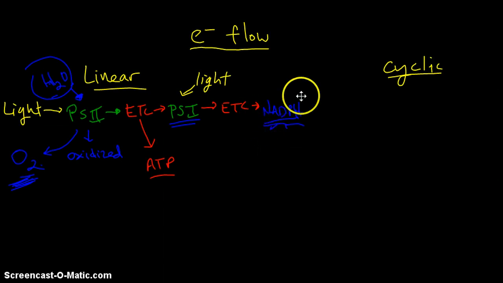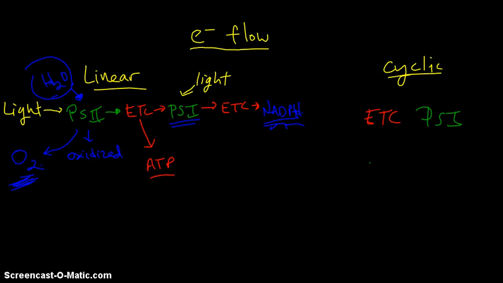Now, the other type of flow of electrons is referred to as a cyclic flow. We know that photosystem 1 is fed by an electron transport chain that precedes it.